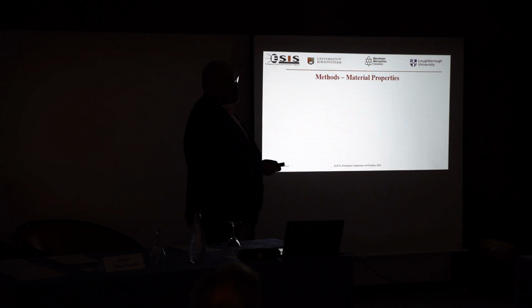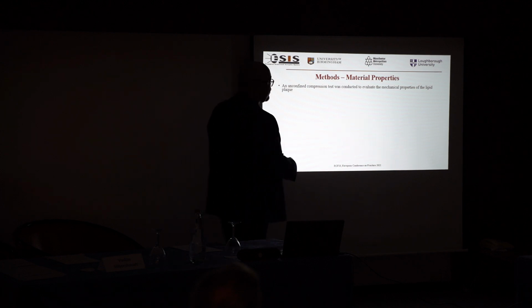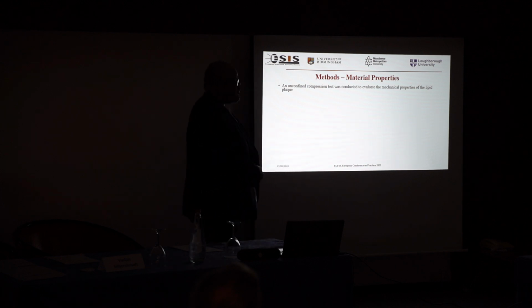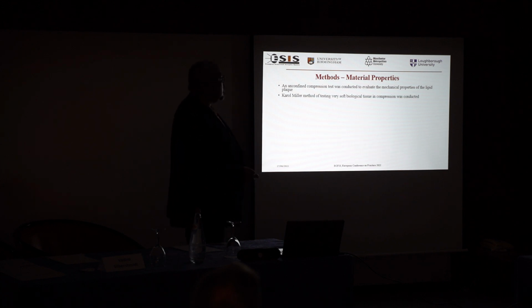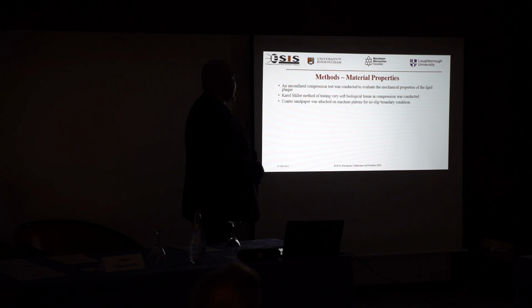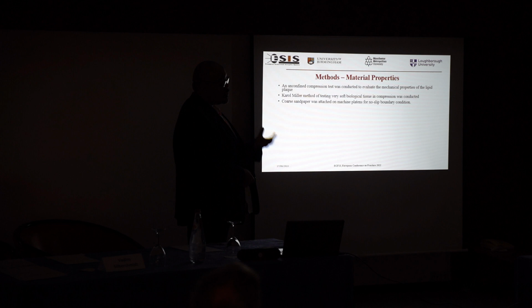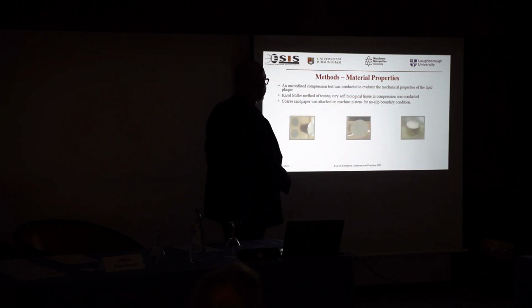Then, when we prepared the plaque, we did the mechanical property test using the unconfined compression test to evaluate the mechanical property of the lipid plaque. We use the Miller method of testing very soft biological tissue, and for this method we used coarse sandpaper attached to the machine plates to prevent slip, a no-slip boundary condition.